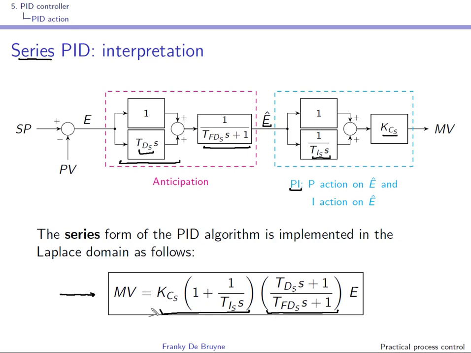This is why this series form is used very often in the frequency domain. For instance, when you're doing loop shaping, you can use this lead lag to give you a phase lead in some frequency ranges, and this can be interesting during the design or the tuning of the PID controller.